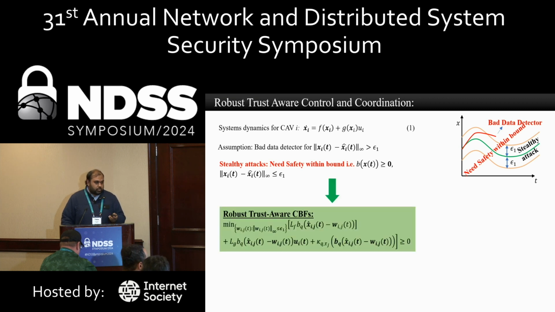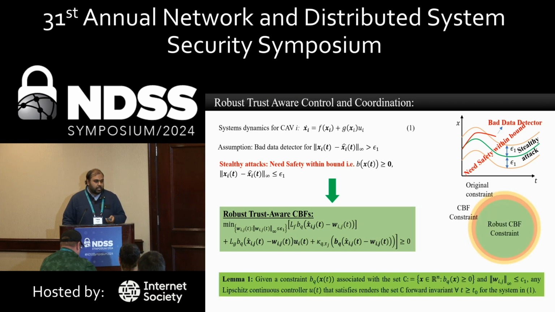So we modify the control, specifically the constraints, such that given this perturbation is bounded, this modified constraint will guarantee the satisfaction of the CBF constraints, which in turn is sufficient to guarantee the satisfaction of the original constraint.